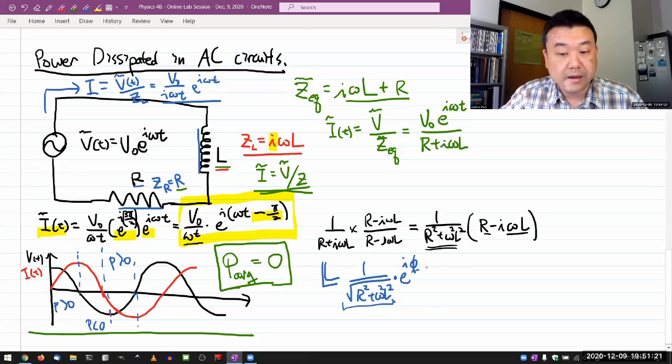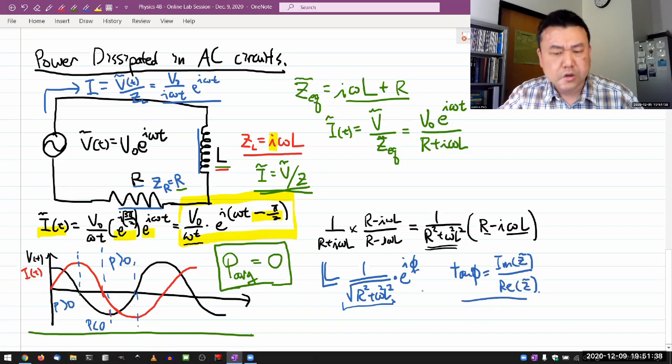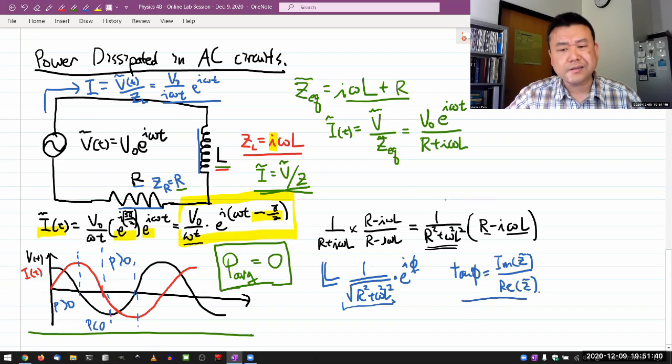And I can write down this much. The phase factor phi is given by tangent of phi, the ratio of the imaginary part of the complex number divided by the real part of the same complex number. The expression for phi in a case like this is going to be a little complicated. That's why I want to just write it as phi, knowing that I can always get what it is.